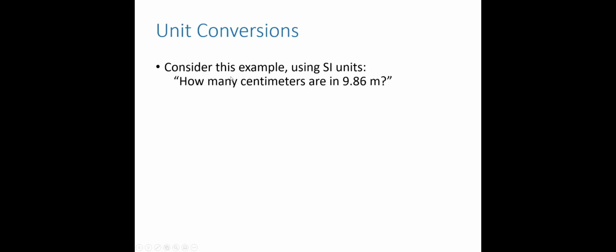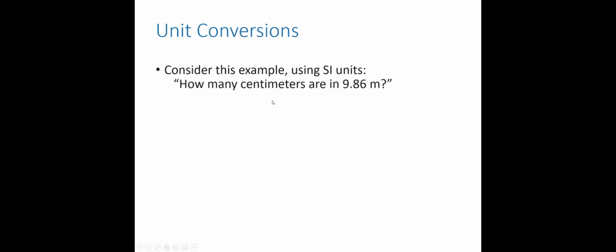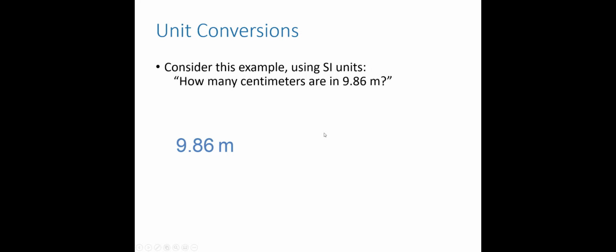So, let's do this conversion here. How many centimeters are in 9.86 meters? In other words, we want to convert 9.86 meters to centimeters. So the unit I want to get rid of is meters, and the unit I would like to have is centimeters.